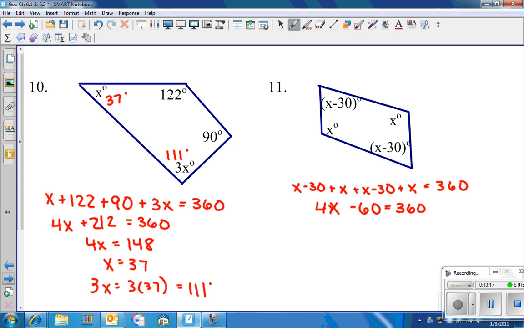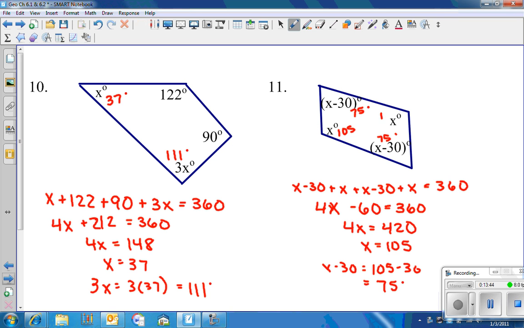You add 60 to both sides and divide by 4. So x equals 105, and then you have the x minus 30, which is 105 minus 30, which gives you 75 degrees. So these are 75 degrees each, and these are 105 each.